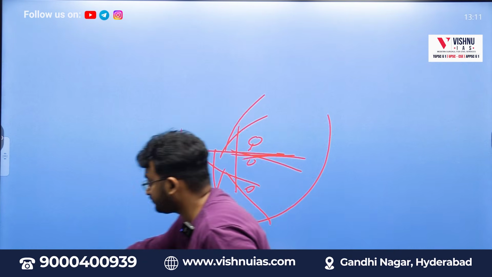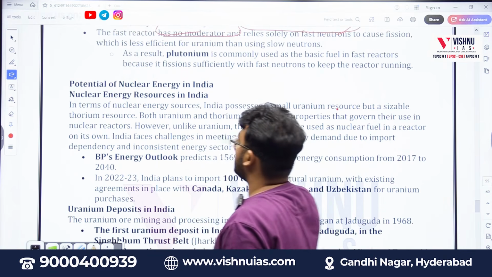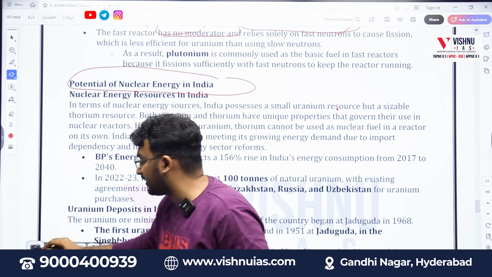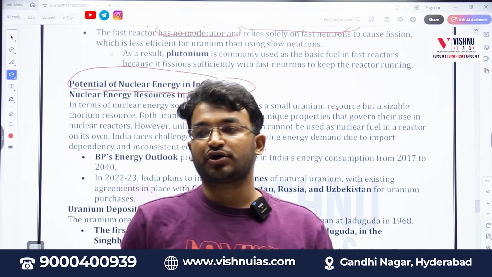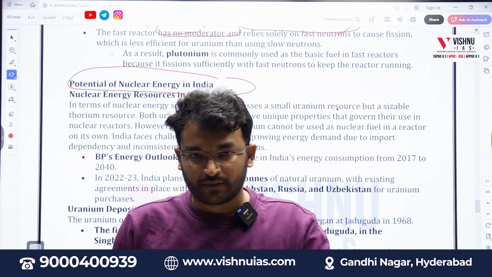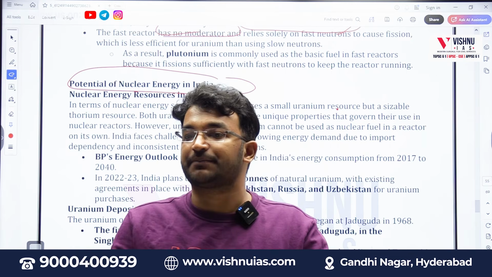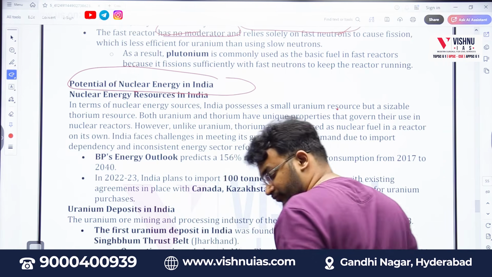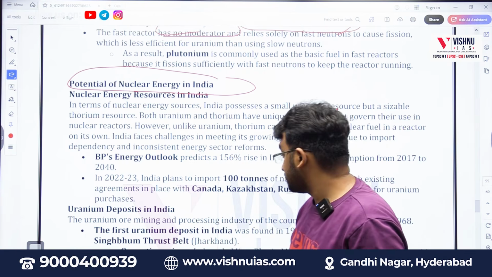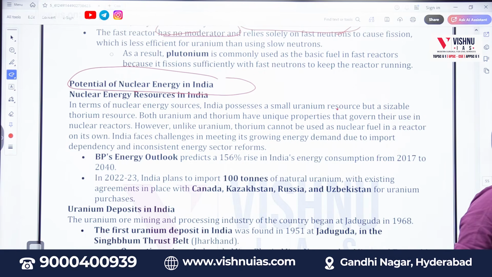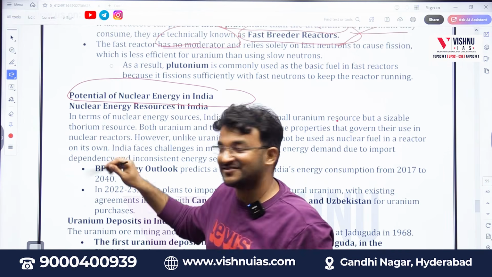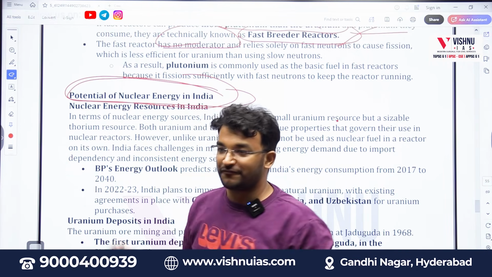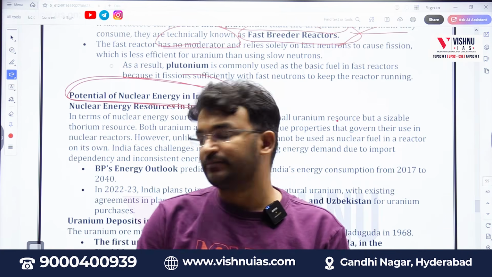Next, potential of nuclear energy in India. What is the case of nuclear energy in our country? We are looking into the landscape of nuclear energy in our country currently. Now what is the potential of nuclear energy in India?